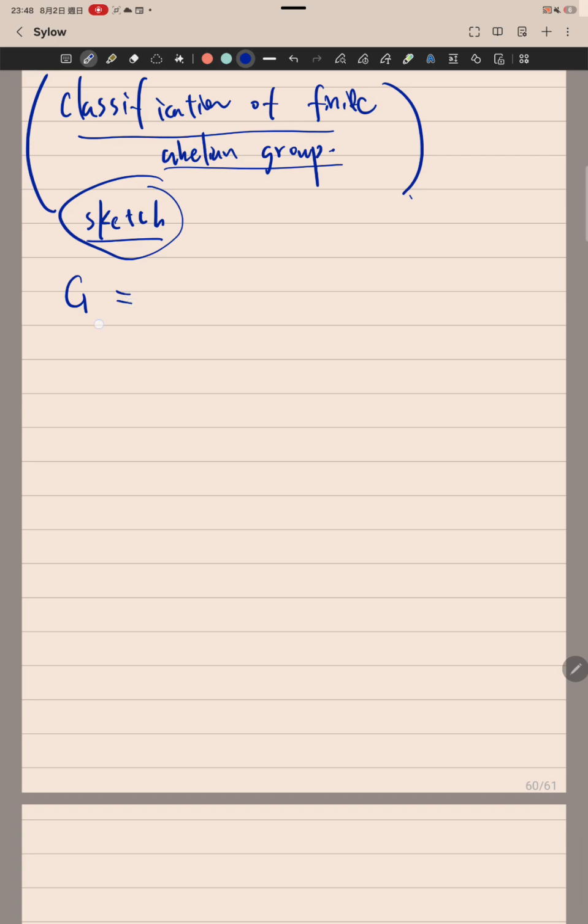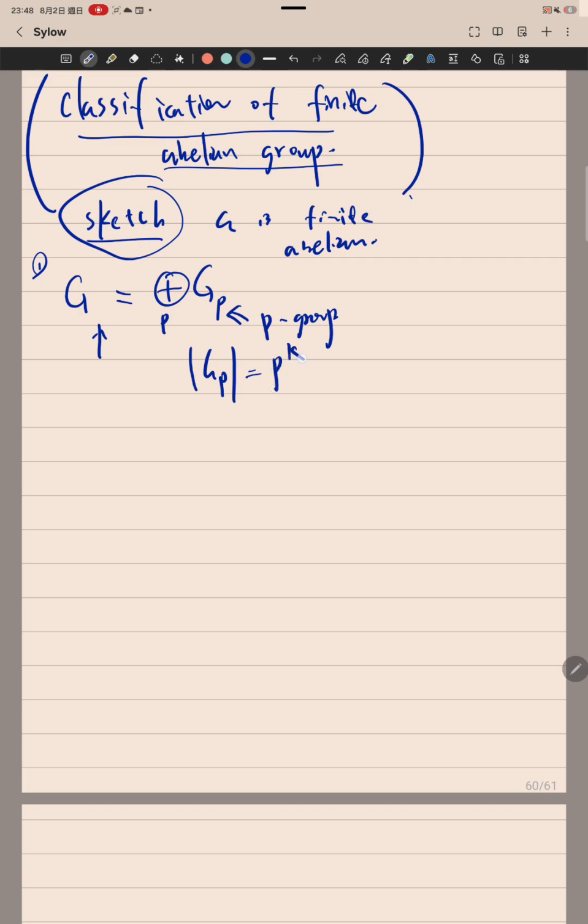Simply speaking, the result has two parts. Let's say G is a finite abelian group. The first part is that you can write G as a direct sum of the G_p, which is called the p-group. A p-group is a group of order p to the k for some prime, and the primes p are distinct.